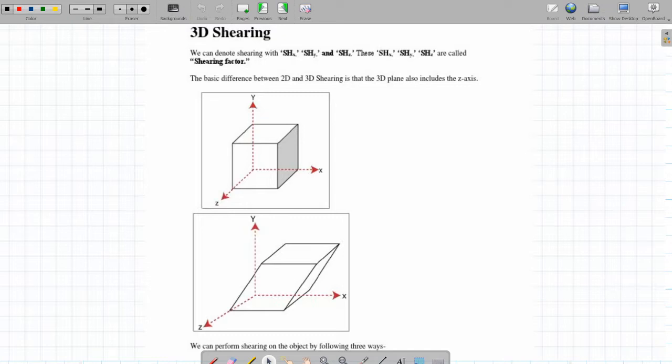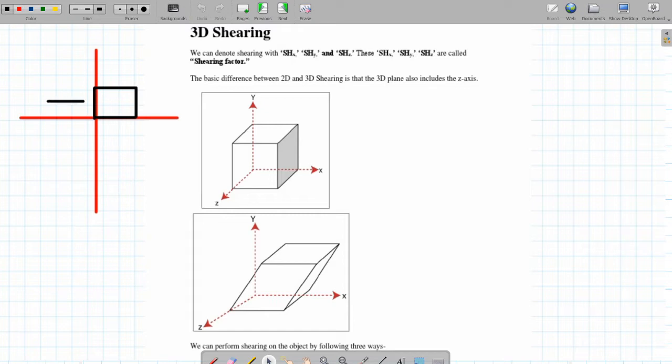If you can recall shearing in two dimensions, it looked something like this. This was your two-dimensional space. Then you had a 2D object onto which you can apply shearing transformation either in the x direction or along the y direction.